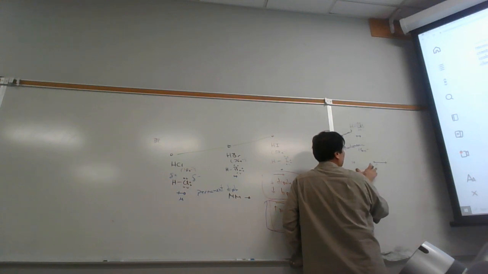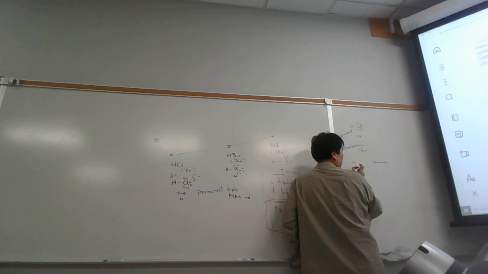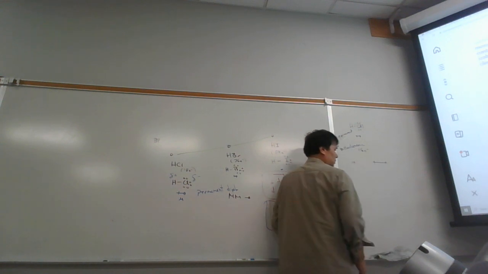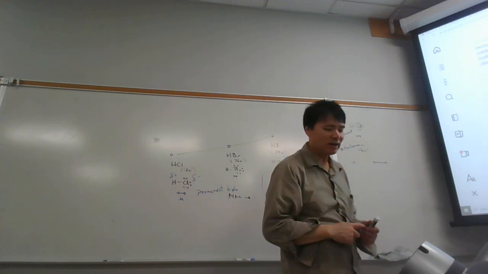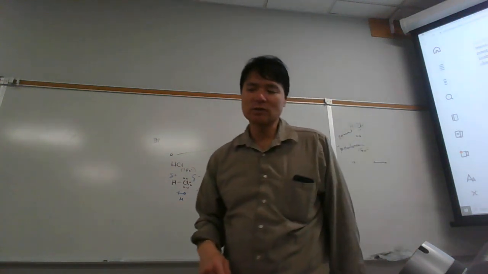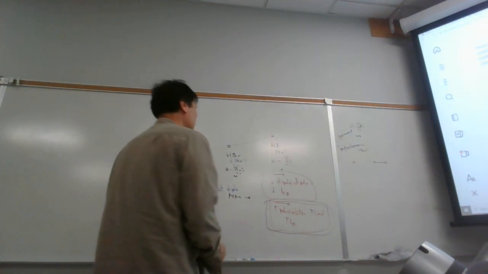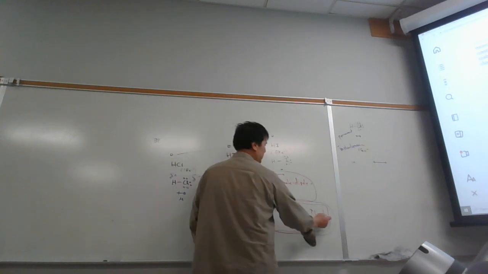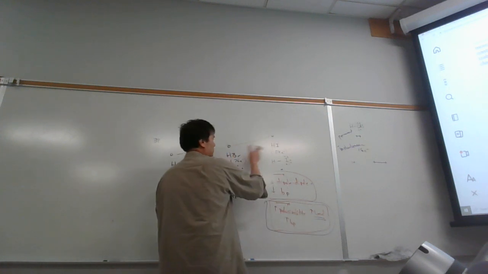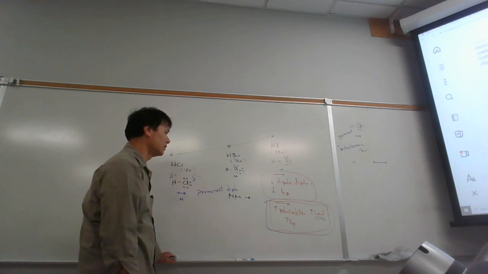And so the instantaneous dipole is going to fluctuate between very small and quite big. And so we have these fluctuating instantaneous dipoles, which is going to generate a London force. What that means is London forces are dominant here because that's what's observed experimentally.